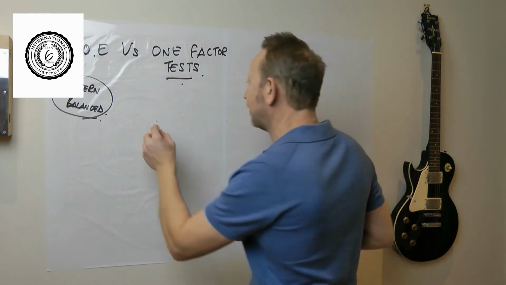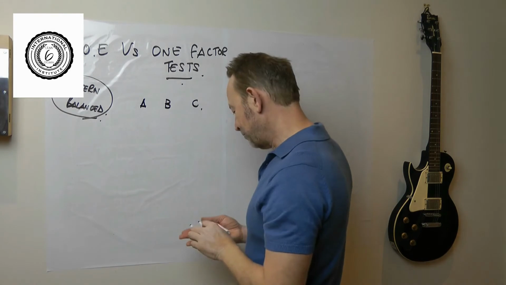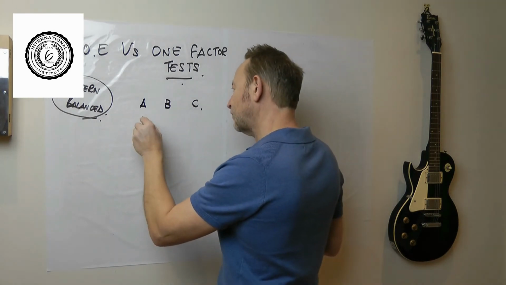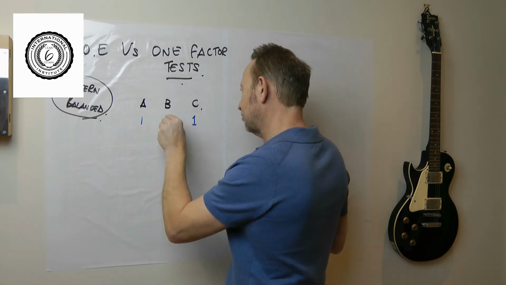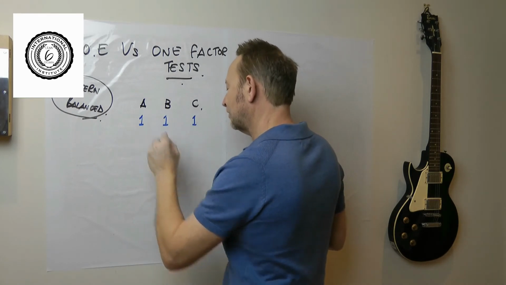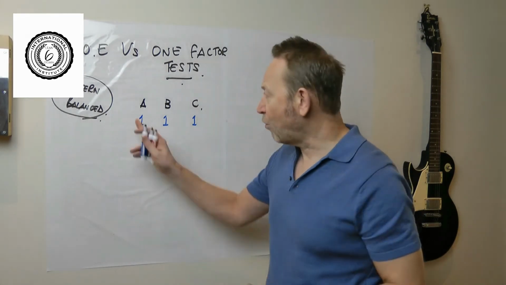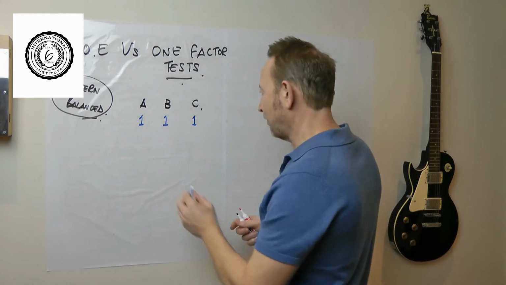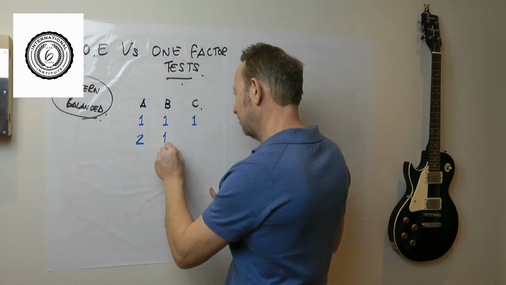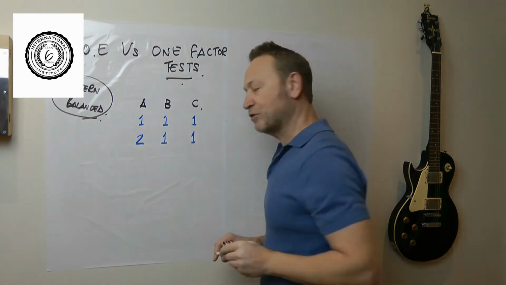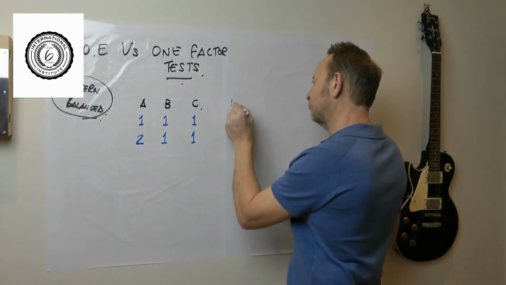So what will a one-factor test look like? Well, if we've got three variables, A, B and C, if we start with them all at a single level, so we'll call it level 1, what they'll then do is they'll make a one variable change. So what they'll typically do is they'll change A to 2, leave the other two where they are, and of course each time we're getting results here.